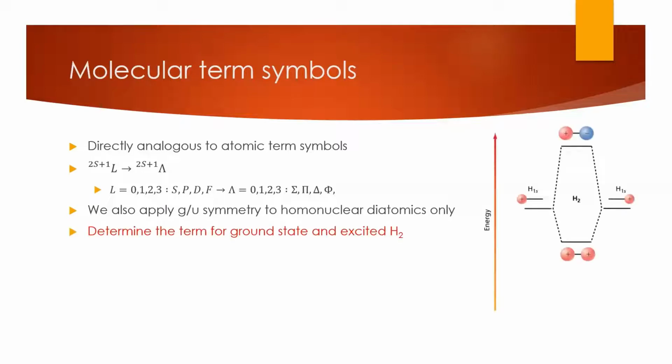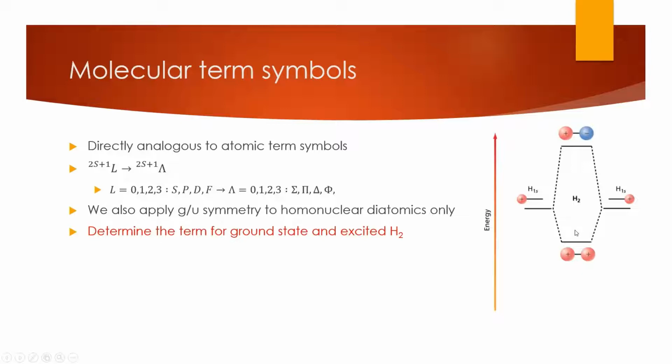We can think about this by starting with a simple example of determining the term symbols for ground state and excited state H2. This is directly analogous to the helium atom that we've done before. In the ground state, we have 2 electrons paired in the lowest energy molecular orbital. So L is equal to 0, and since the spins are paired, S is equal to 0.